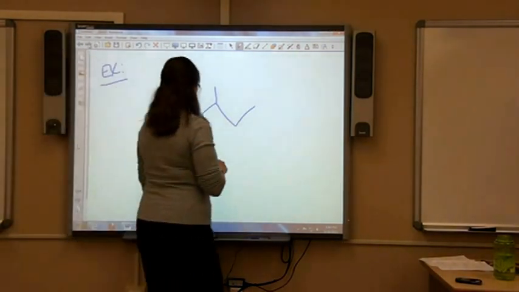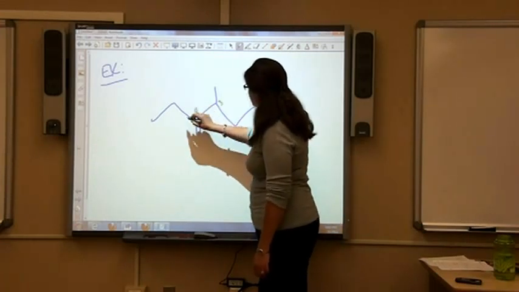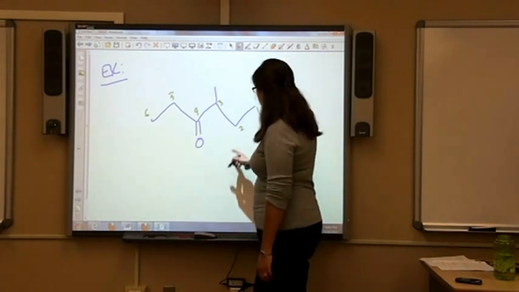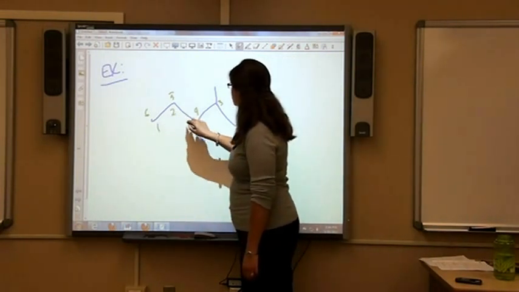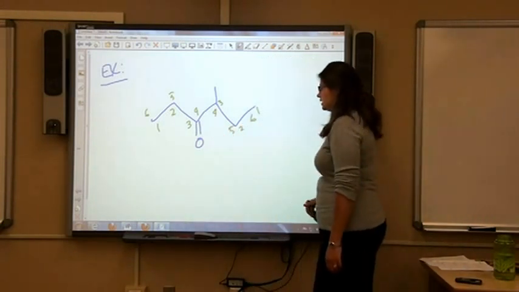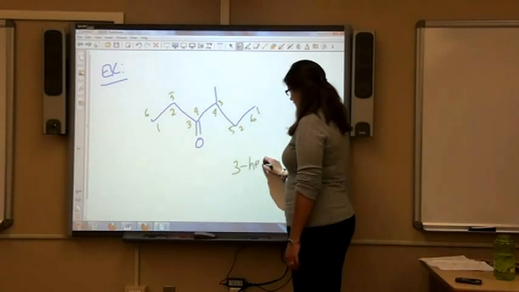Okay, so let's name this example. Now, if we start from here, we know that we should have a 6-membered chain, but I don't think that's the lowest number. No. So we should start numbering from left to right. Here we're going to have 3-hexanone.